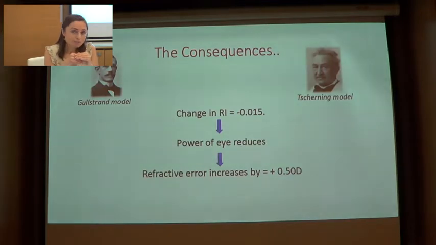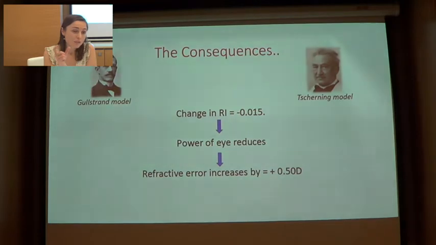According to standard models of the eye, it's predicted that the refraction of the eye could change by about 1/2 diopter if the refractive index of the cornea changes by 0.2015.